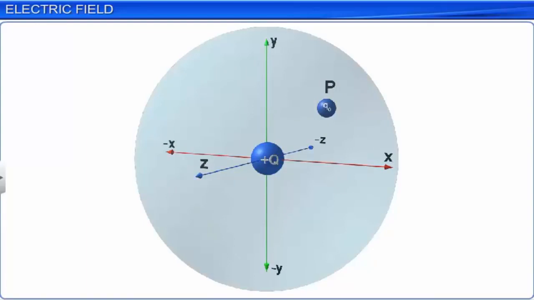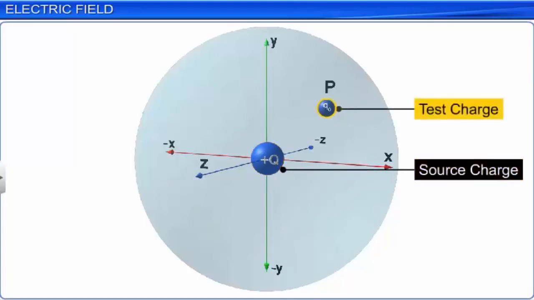An electric field is a region in which the influence of a charge is felt. Since charge q produces this electric field, this charge is called the source charge. Charge q0 is called a test charge, as it is used to study the effect of the electric field created by charge q.